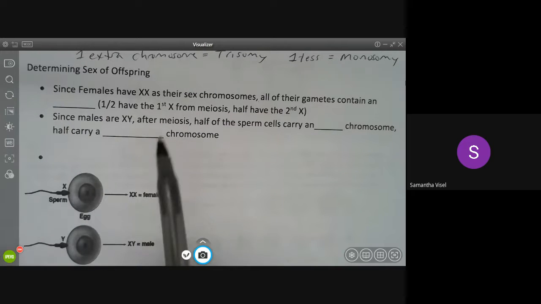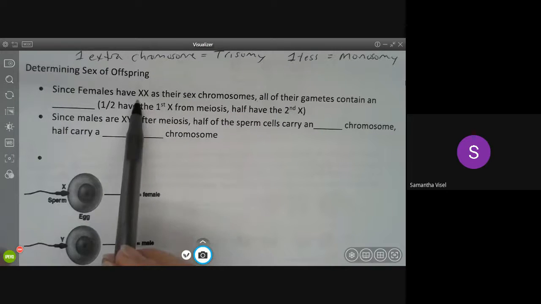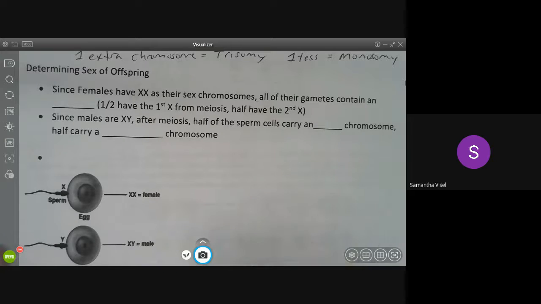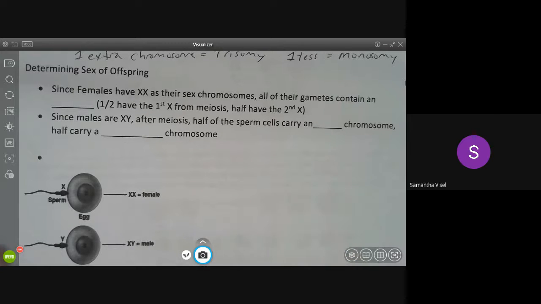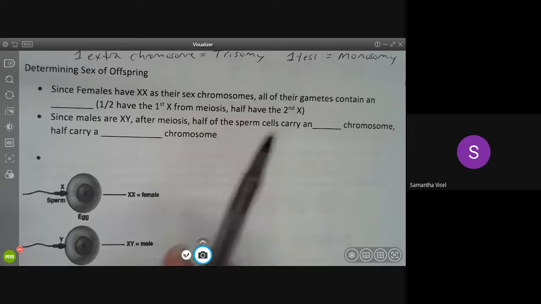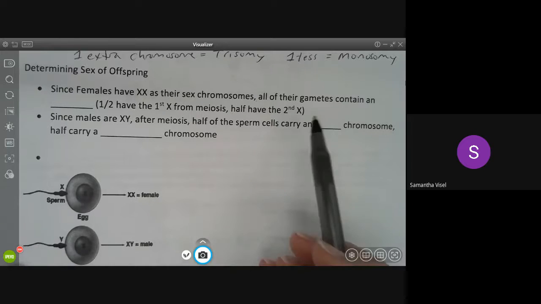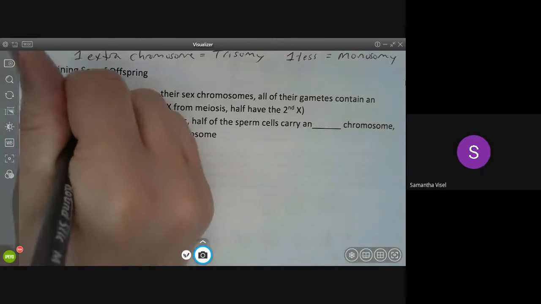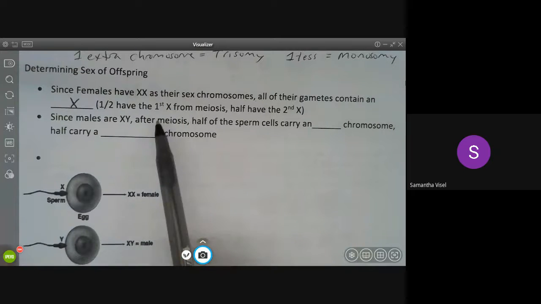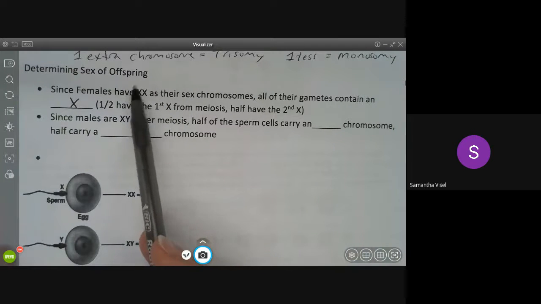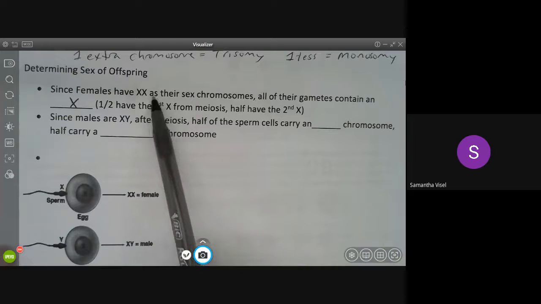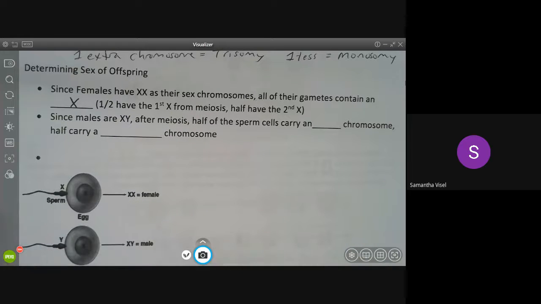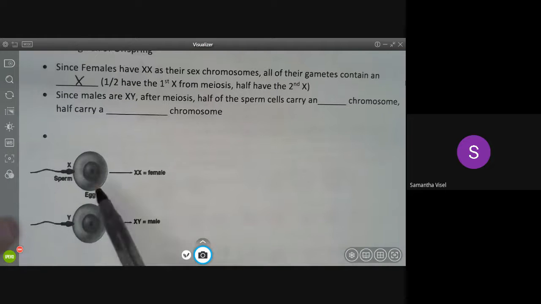Now, since females have 2 X's as their sex chromosomes, during meiosis, the making of gametes, it doesn't matter how many cells are made, all of their gametes are going to contain an X chromosome. So half will get that first X that was received from mom, and half will get the second X that was received from dad. But there's only X as an option. So all of the egg cells will have an X chromosome.